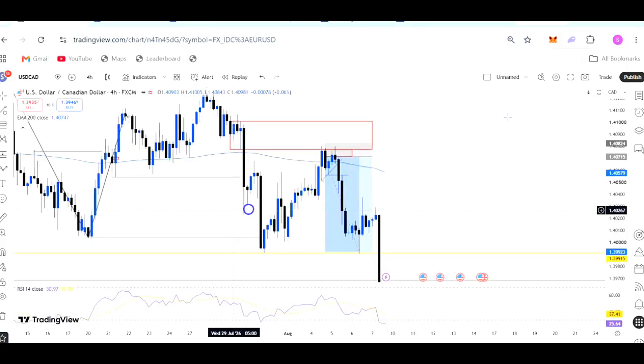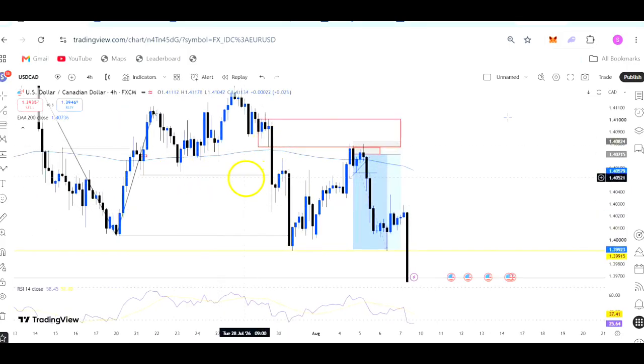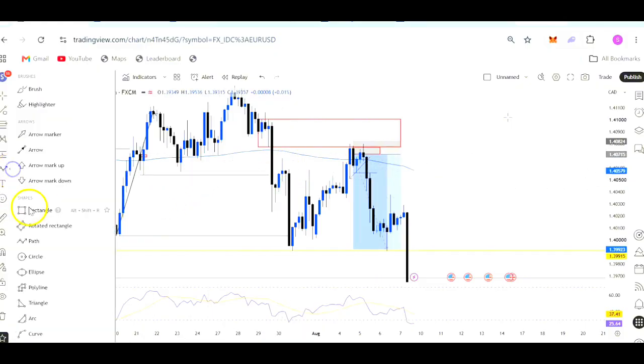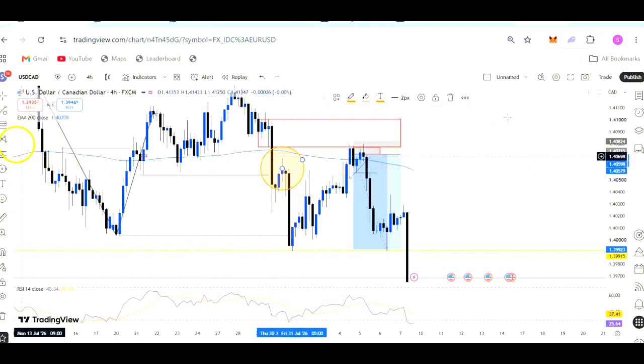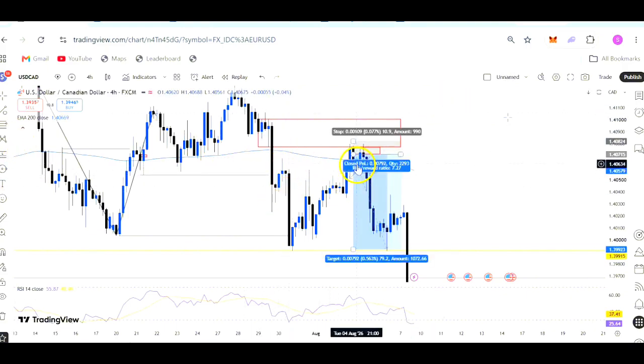Now if you look at what we have here, after this break of structure, we have another supply area here. Let me see if I can circle this out. Do you see this supply area here? This is an inducement, this is a fake out. What they want you to think is that when the market comes back to this point, the market will sell.